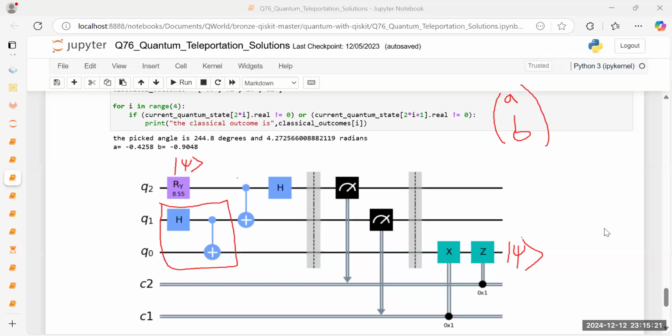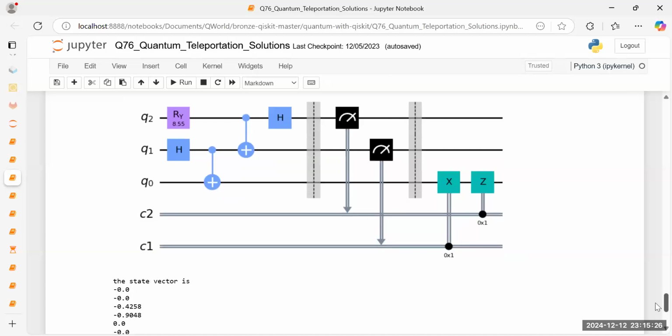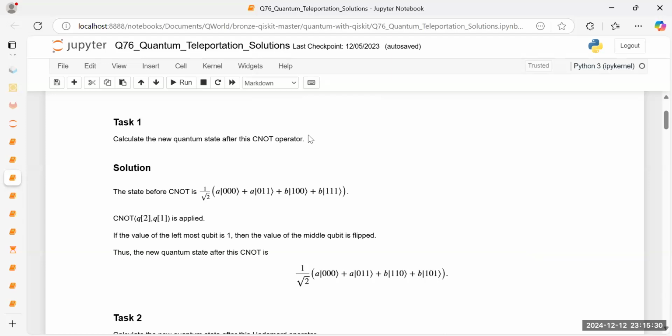Okay, so let's look at how the states change during the protocol. First of all, when we start off, we have an entangled pair, which is shared between Asja and Balvis.